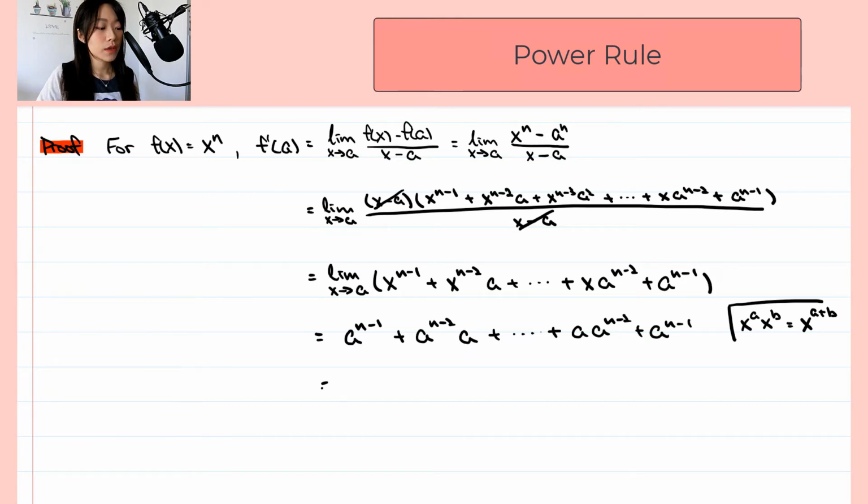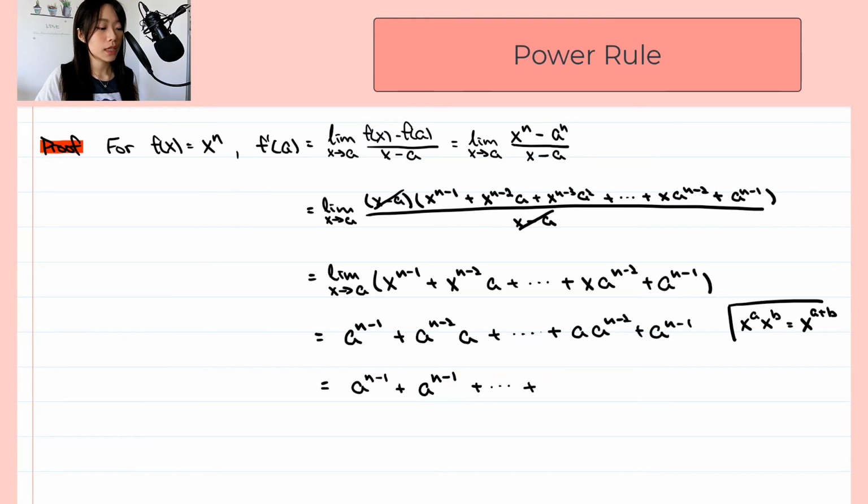So this equals the first term, which stays the same, a to the power of n minus 1, plus the second term, where we have a to the power of n minus 2 times a to the power of 1. So this equals a to the power of the sum of the exponents, which is n minus 1.